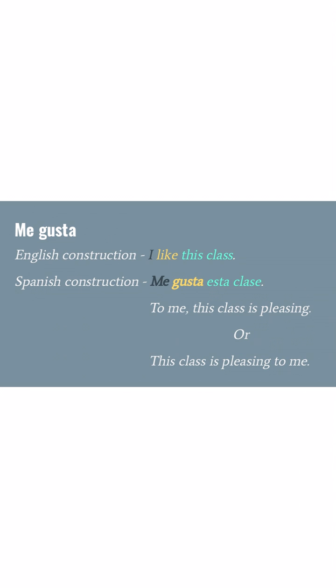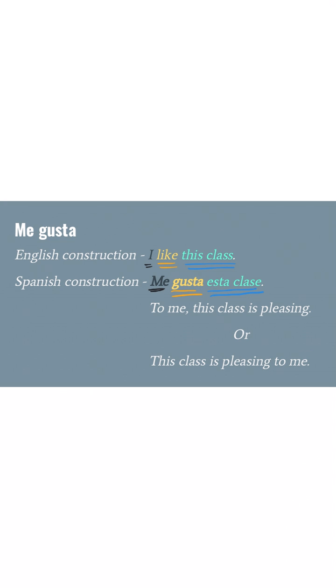All right, so here we have this English construction here. We have "I," right, "like," and then we have "this class." We would say that within Spanish, like so: "Me gusta esta clase." All right? "Me gusta esta clase." I like this class.